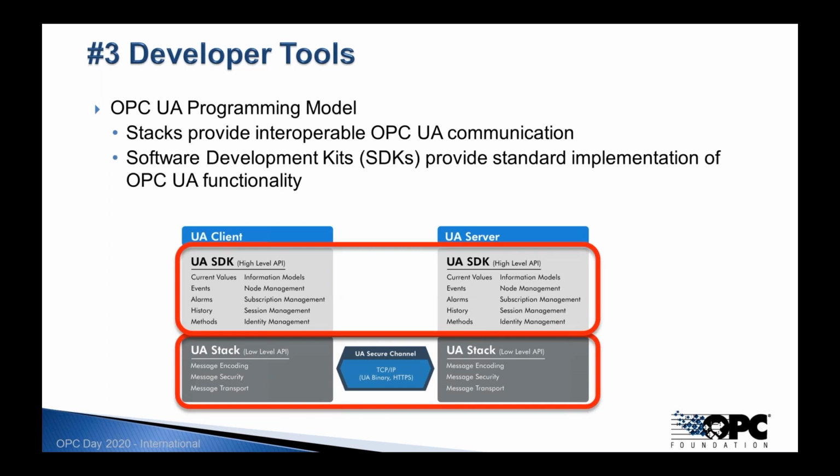But then on top of this stack layer, there is a certain functionality that every application, both on the client and the server side, needs to actually implement. They need to manage connections, sessions, subscriptions.